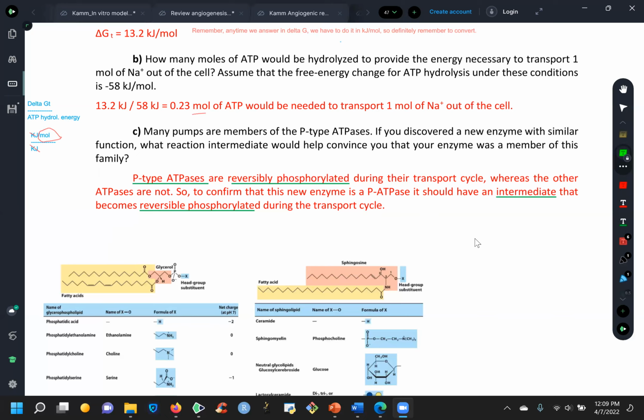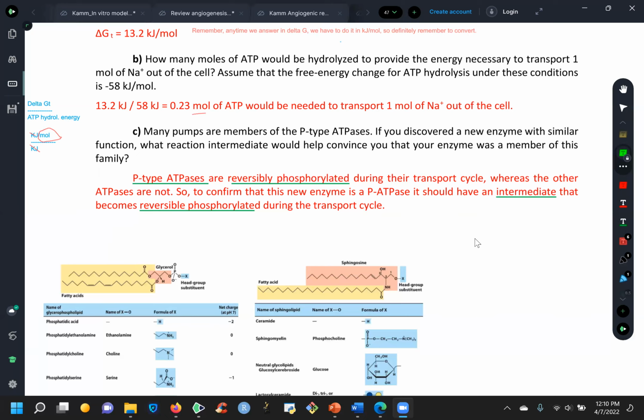That just means that if they give you a picture and ask you, is this a P-type ATPase? Or they give you A, B, C, D, E, and you want to answer that it's a P-type, step 1 would look something like this, and then step 2 would look different. In step one, nothing is phosphorylated.